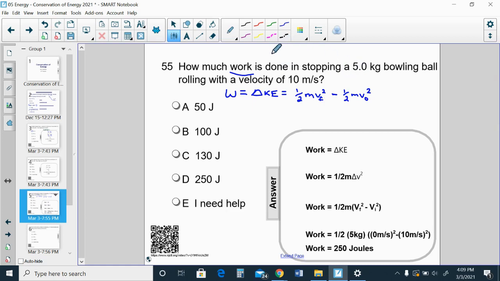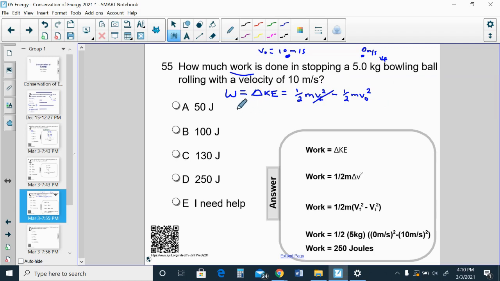Now, the ball is starting with a velocity of 10 meters per second, and it's going to end up with a final velocity of 0 meters per second. So, considering that, this ends up being 0, kind of canceling out this whole part of the equation.